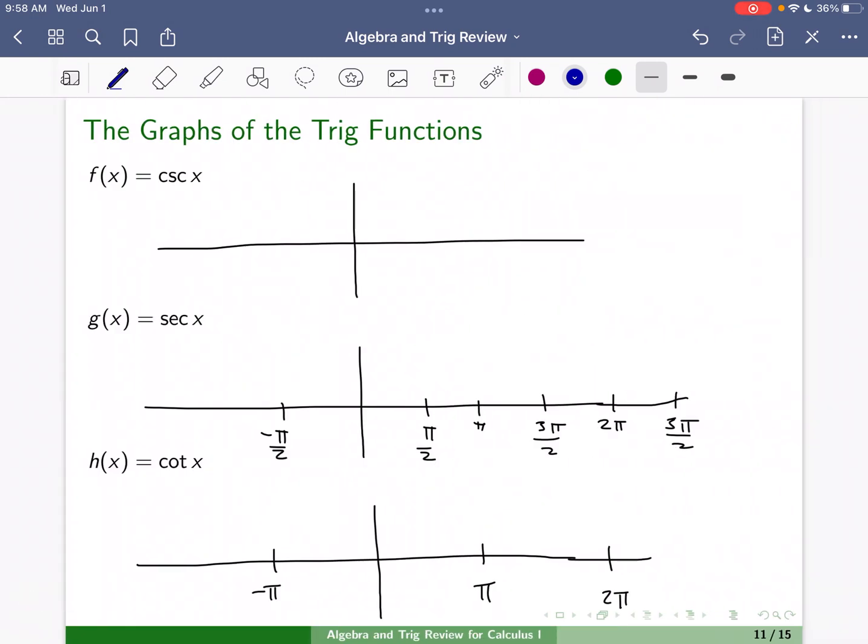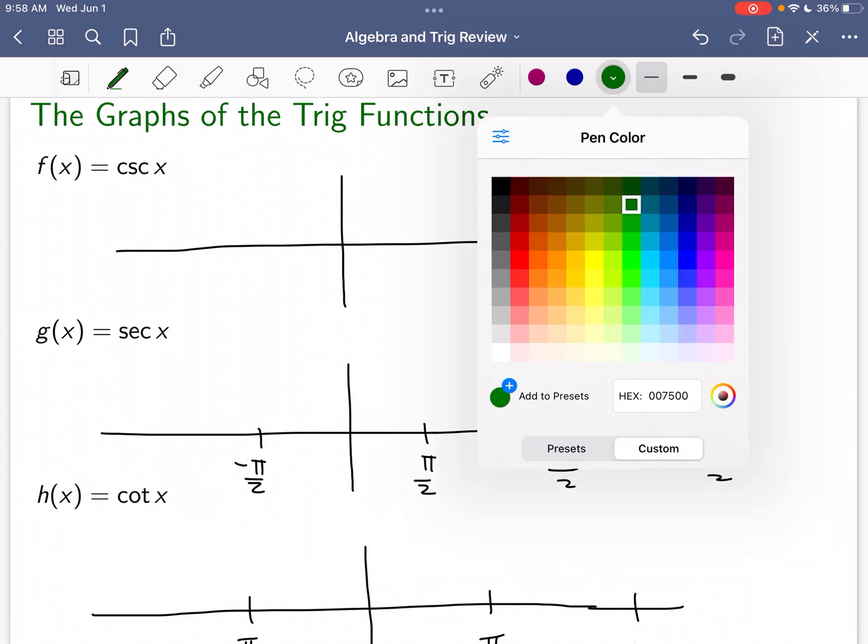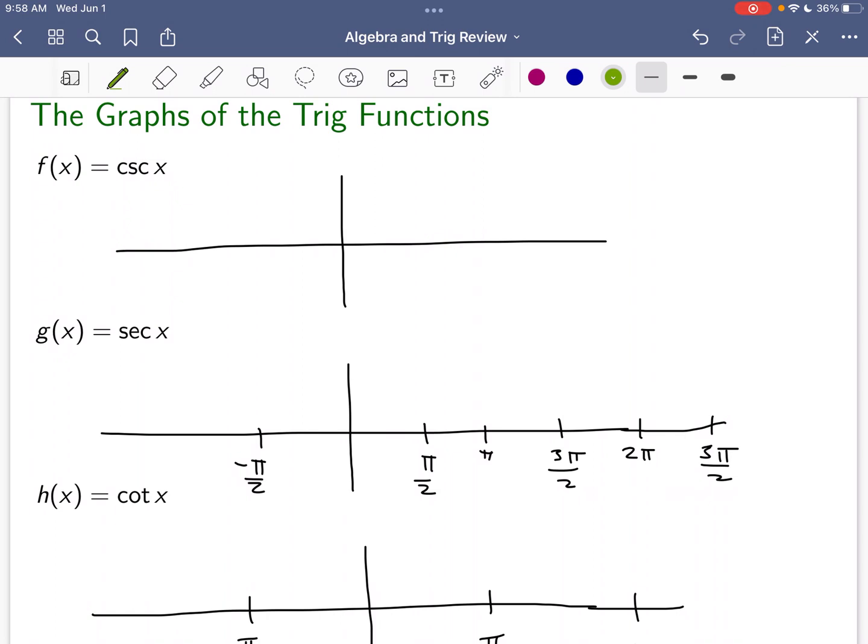For cosecant, if we remember, it is 1 over sine. And so when I go through this, I will imagine a sine graph. Sometimes I will draw my sine graph explicitly. This isn't part of the cosecant graph, but I use it to draw the cosecant graph.